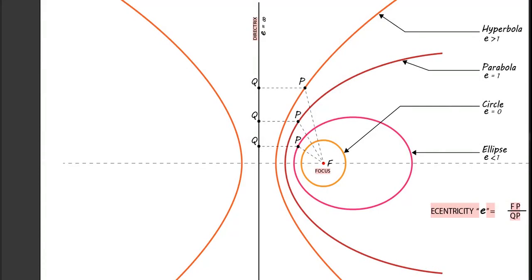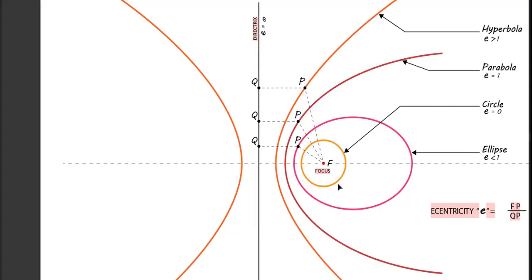Now we will move towards the mathematical aspect of the conic sections and discuss some of their properties. Any conic is defined as the locus of a point whose ratio between the distance from a fixed point and the perpendicular distance from a fixed line is always constant. You can see this here.